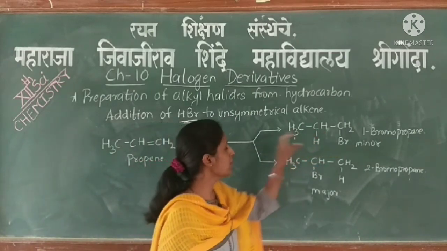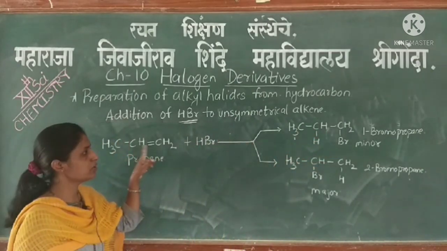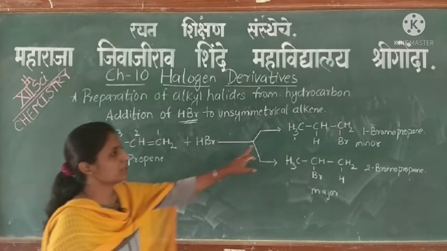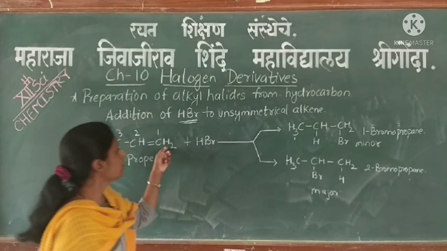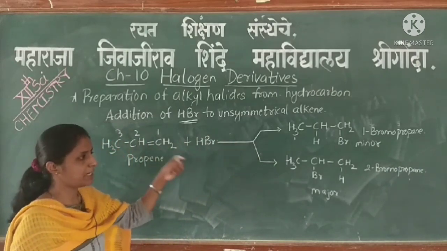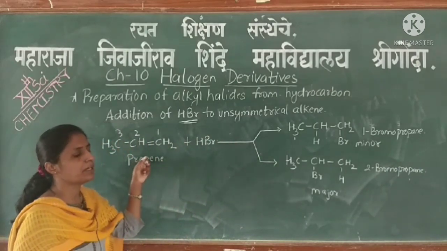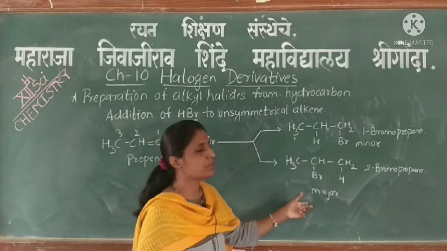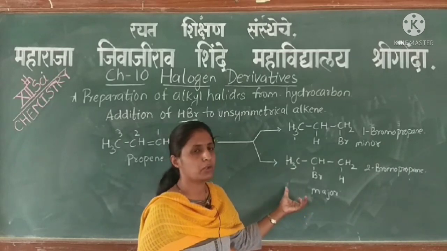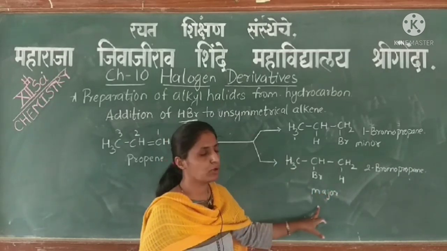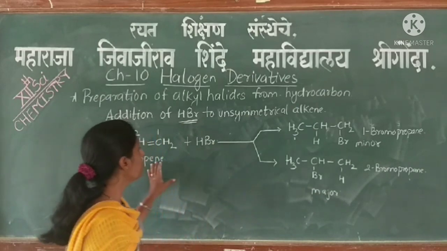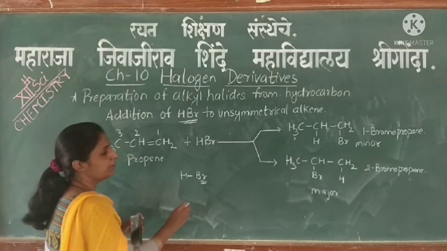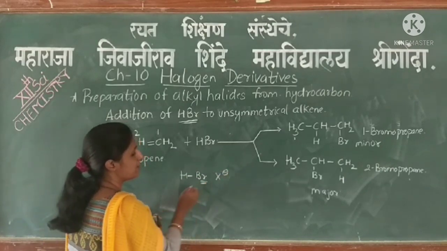In this product, to this carbon your hydrogen is attached. Let's number it. In the first product, bromine is attached to carbon number 1, and in the second product, bromine is attached to carbon number 2. But which is the major product? You will get 2-bromopropane as the major product. Why is it happening? Because in HBr, the bromine is the negative part of this unsymmetrical reagent.